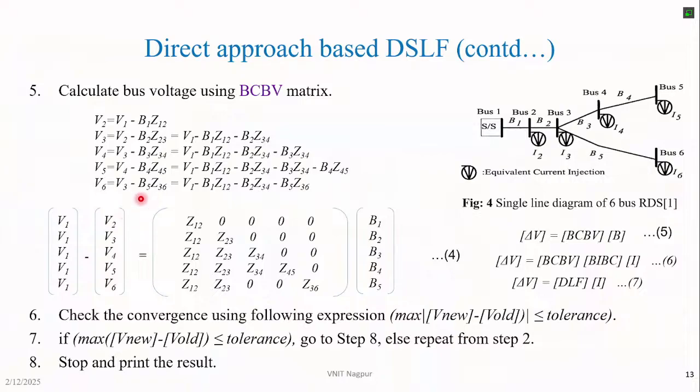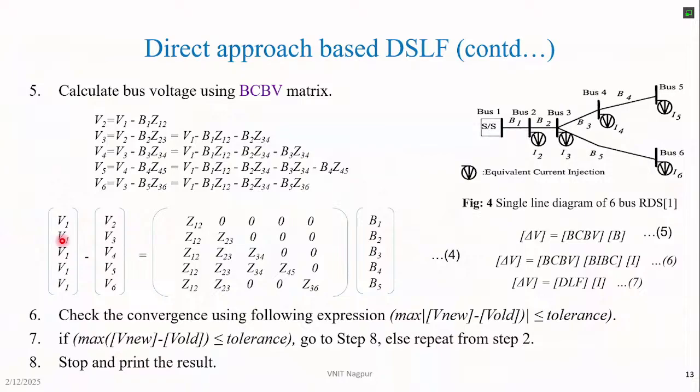Now based on this, if we carry out the rearrangement, this matrix will look like this, which is shown in equation number 4. So basically, this is the mismatch between node 1 and node 2, V1 minus V2. Thereafter we can formulate a matrix in terms of Z and in terms of branch current.